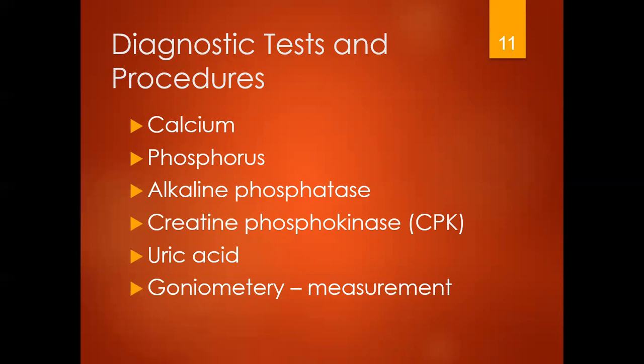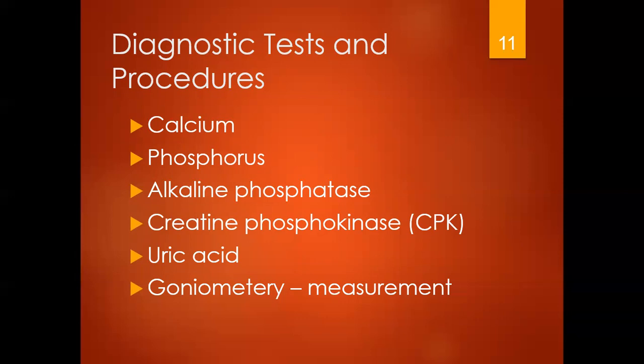If we have an elevation in that level, it can tell us we may have Paget disease or we've got metastasis of our cancer to the bones. So that is not good. We look for creatine phosphokinase levels or CPK levels, which would tell us that we have muscle damage.